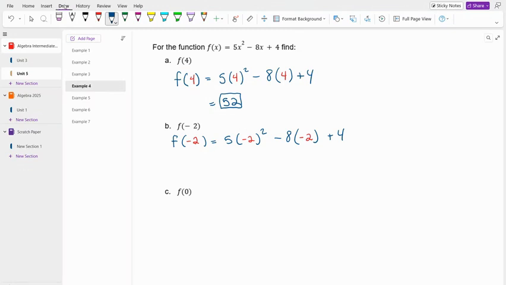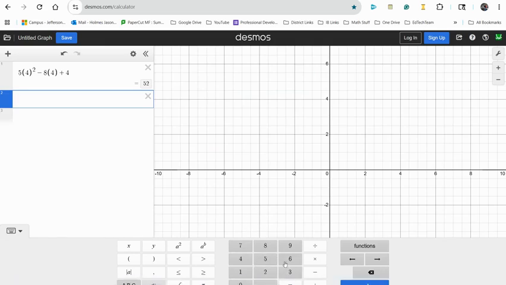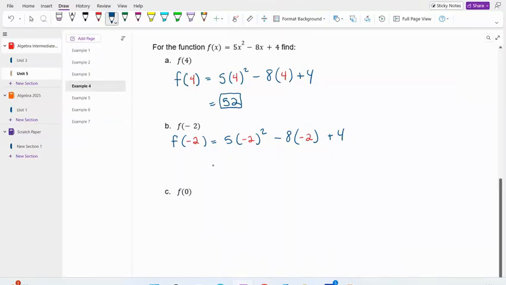And we'll come back over here onto Desmos, and we'll go 5 parenthesis negative 2 squared minus 8 parenthesis negative 2 parenthesis, plus 4, enter, and that is 40. So we'll come over here and we'll put equals 40.